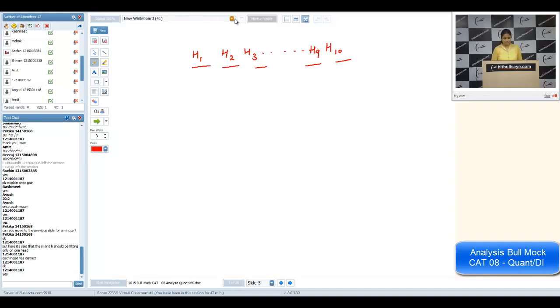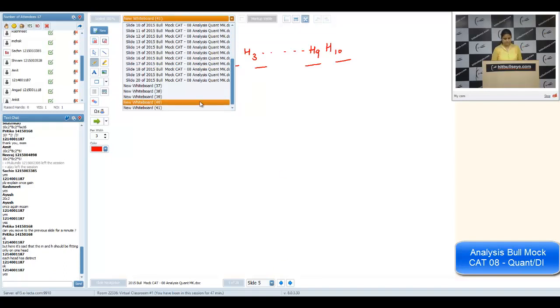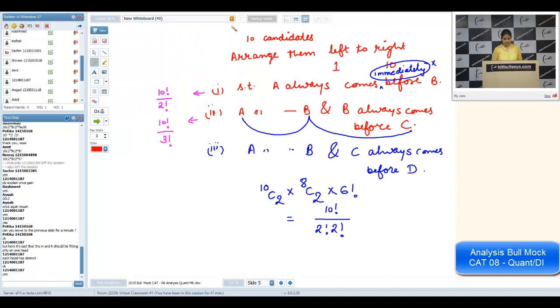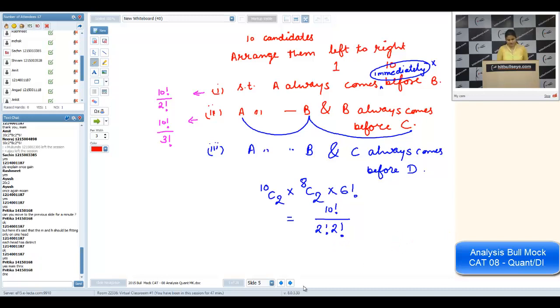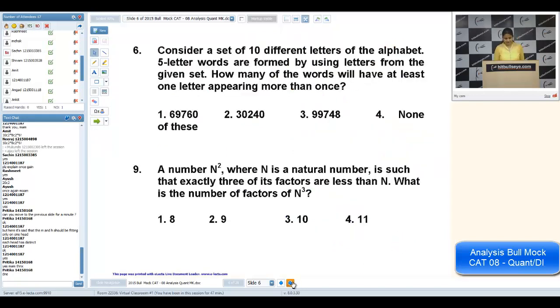Now coming to Pritika's doubt. Yeah, any problem, Pritika? Now I think this is the page you were talking about. Yes, Pritika. Okay. I think you wanted to write something. Okay, now question number 6 and 9. 6 was pretty easy.